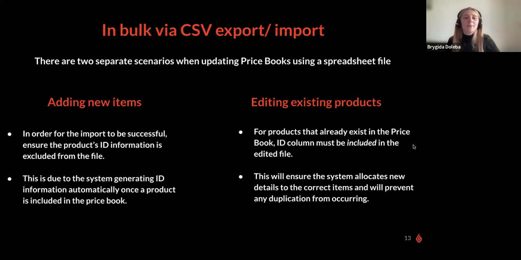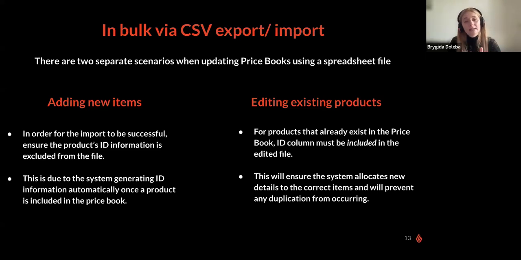So when it comes to updating items in bulk in price books, there are two separate scenarios that we need to follow. Either we are adding new items to a price book that already exists, in which case the ID information will need to remain blank for that product that we're adding, because the system will generate this information once the items have been imported into the price book.